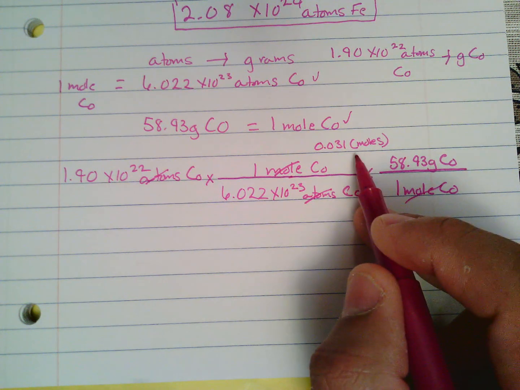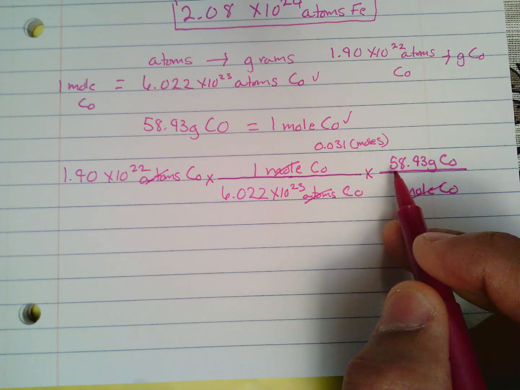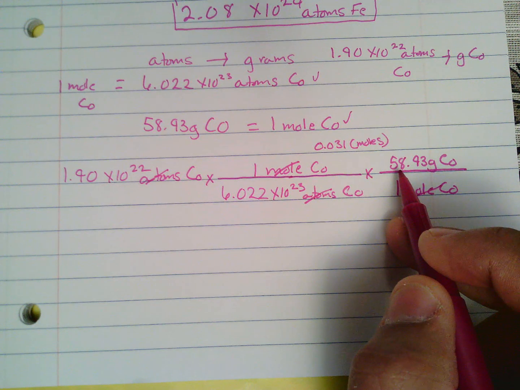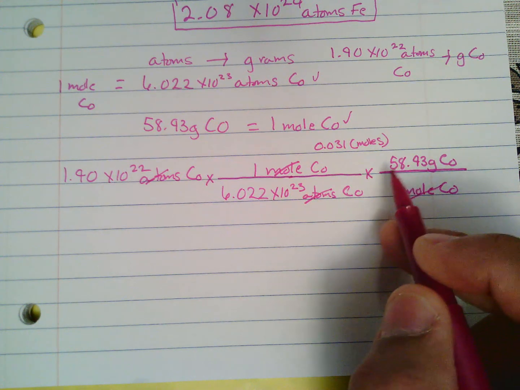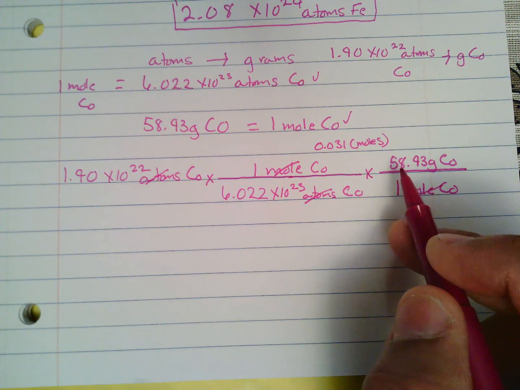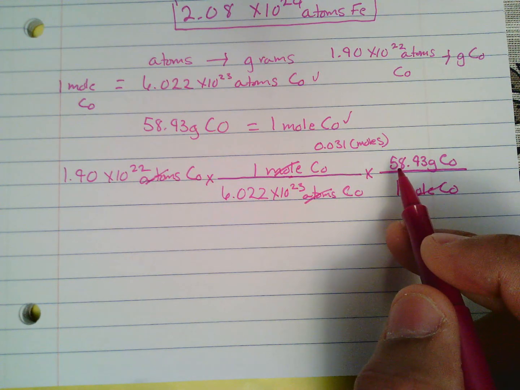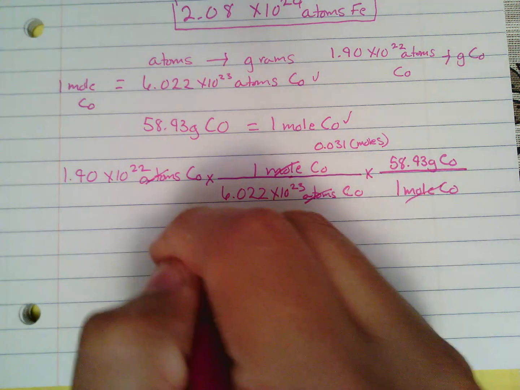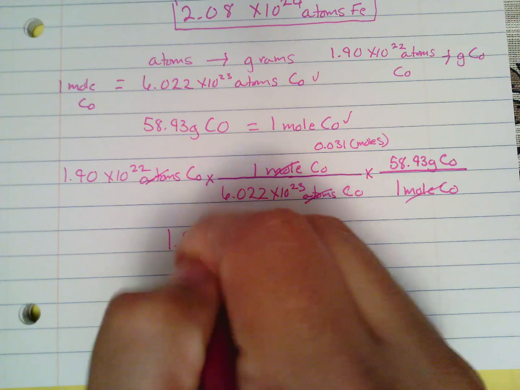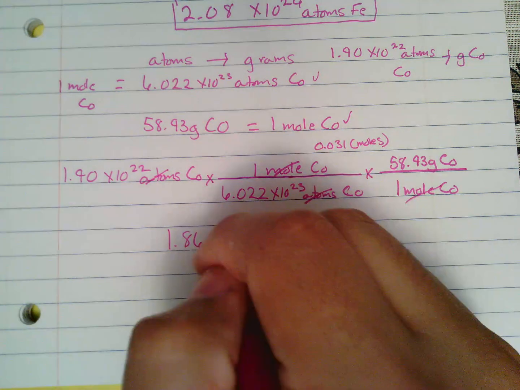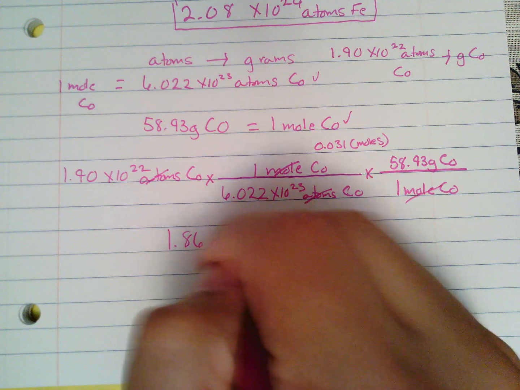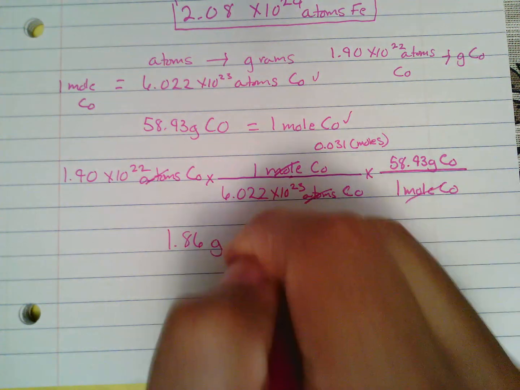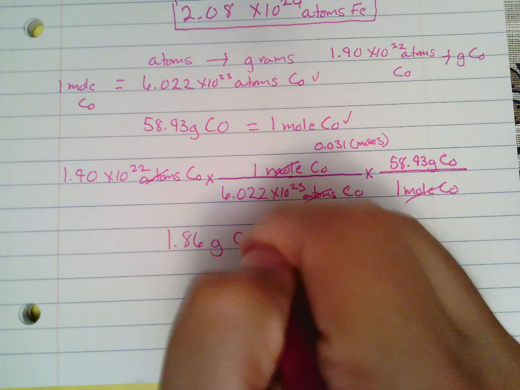And then the answer I get here, when you multiply this, you have to multiply it by 58.93. At that point, when you plug that into your calculator, I got an answer of 1.86 grams of cobalt, Co. Okay?